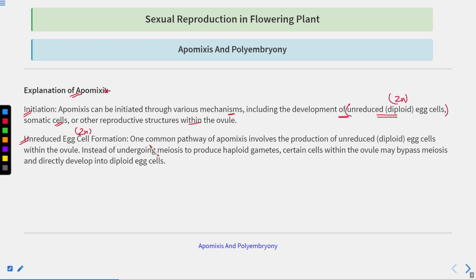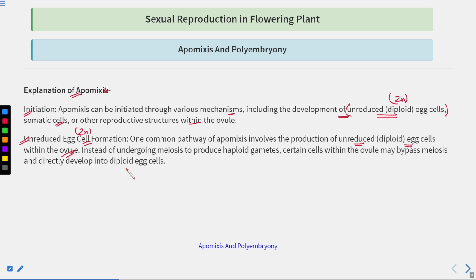Now let's talk about this unreduced egg cell, which will be diploid. One common pathway of apomixis involves the production of the unreduced diploid egg cell within the ovule. Within the ovule, the female gametophyte known as the embryo sac is present, and within the embryo sac, the egg is present, which is usually haploid. But sometimes a diploid egg cell is formed, which is known as an unreduced egg cell.